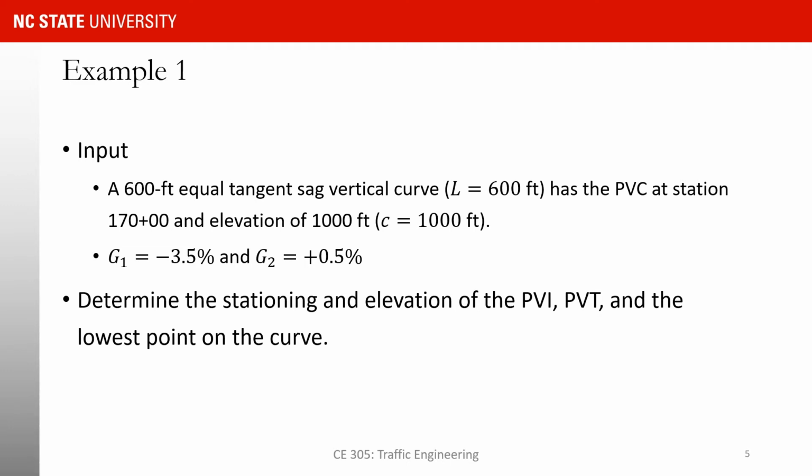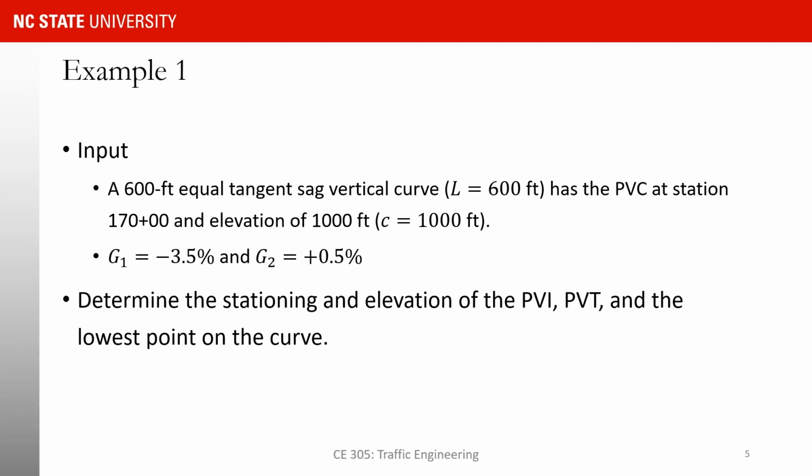So what we have is a 600 feet equal tangent sag vertical curve. The length is 600 feet. And this curve has a PVC that is stationed at 170 plus 0, and its elevation is 1,000 feet.